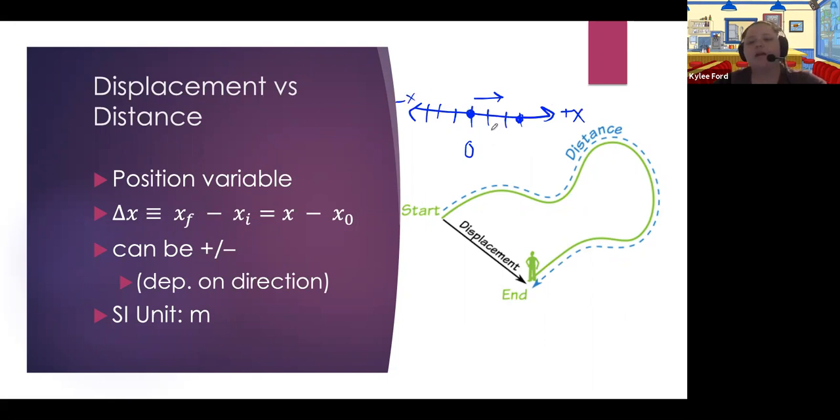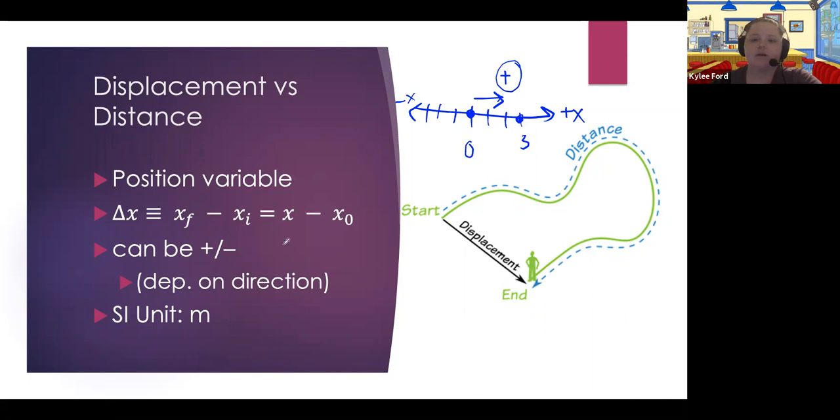Now, we have that our initial position was at 0, and now we ended at 1, 2, 3. Okay, so that is going to be a positive change in direction. Okay, because we went towards the positive x side of the axis.